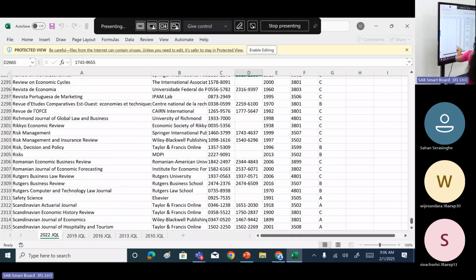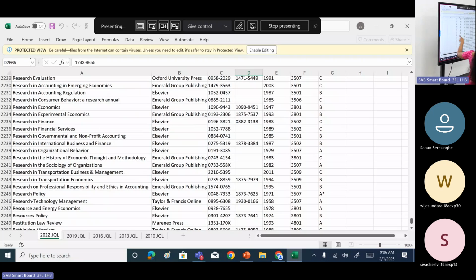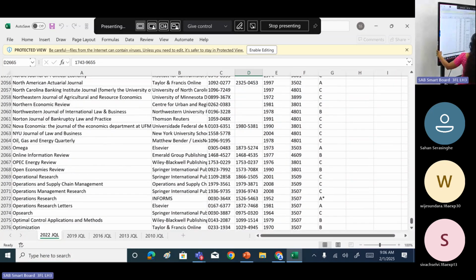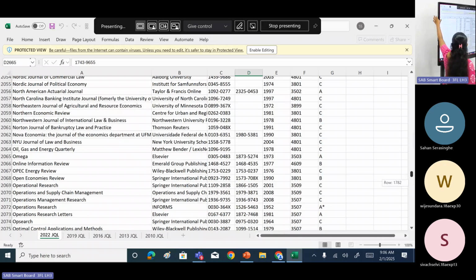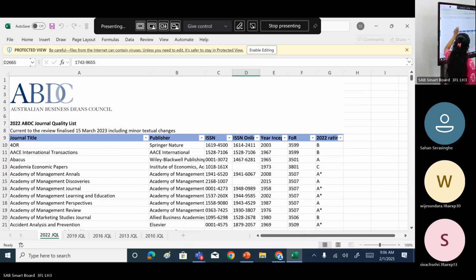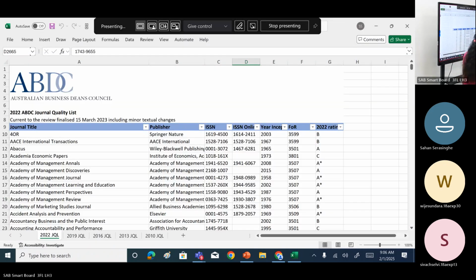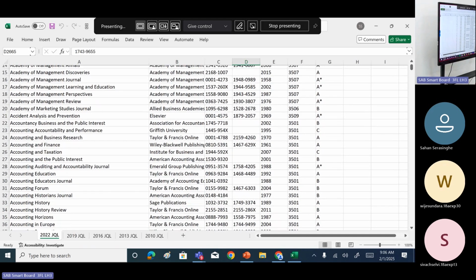How can you find an emerging research topic? See here, these are the journals.